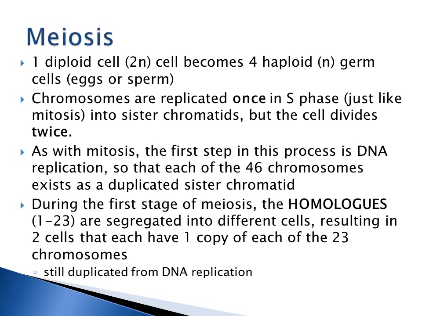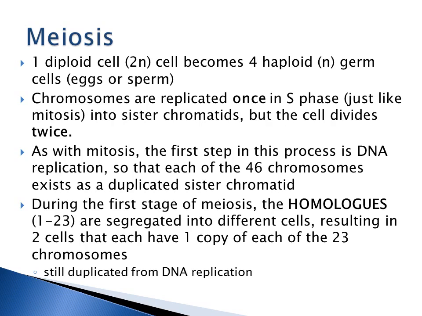So here we go, meiosis. One diploid cell becomes 4 haploid germ cells, which are your eggs or your sperm. The chromosomes are replicated once in S phase, just like in mitosis, into sister chromatids, but the cell divides twice.